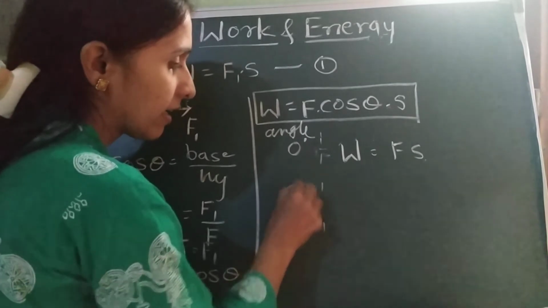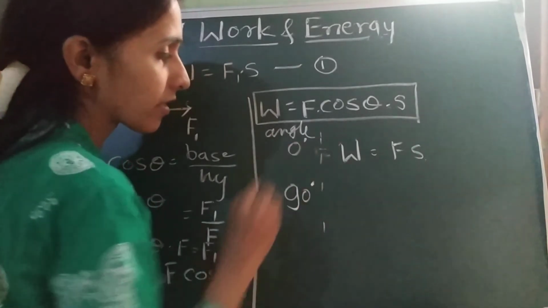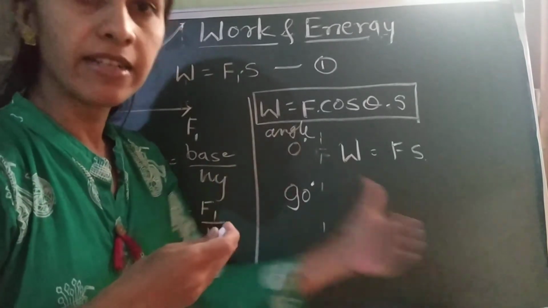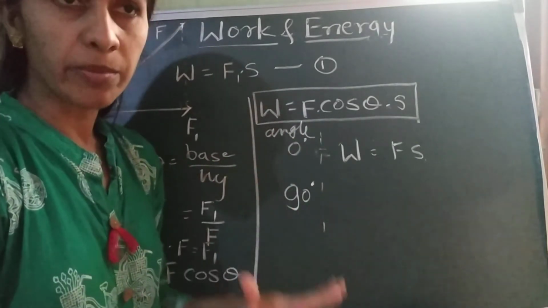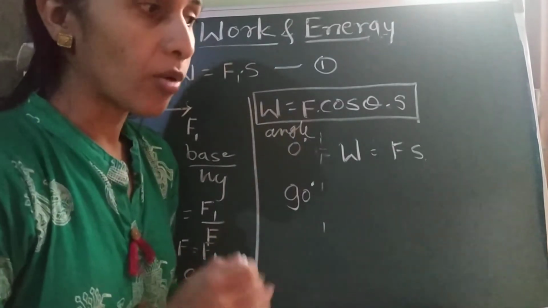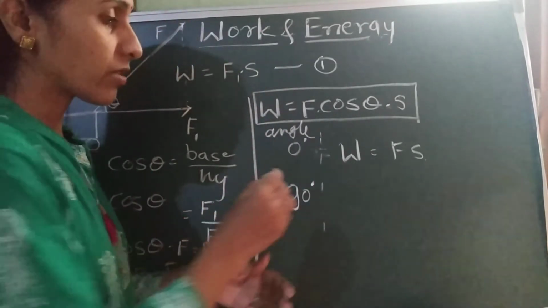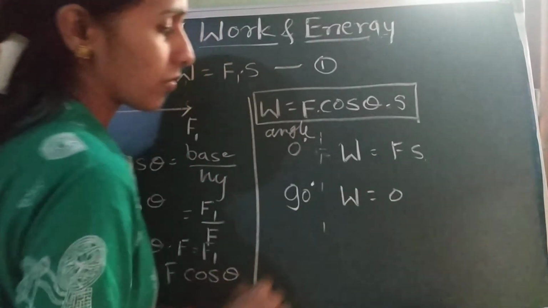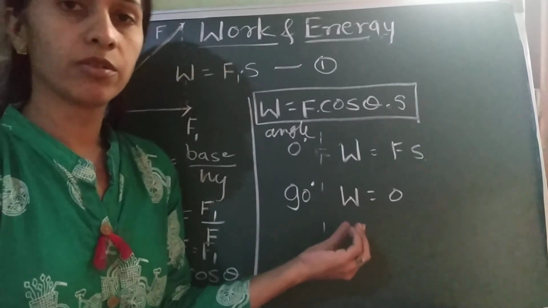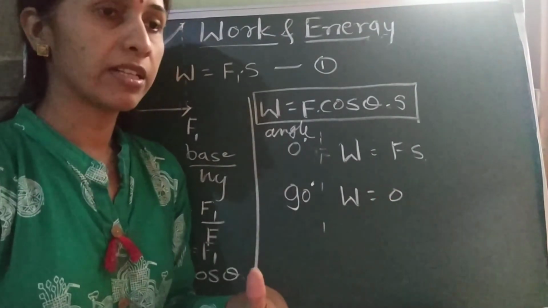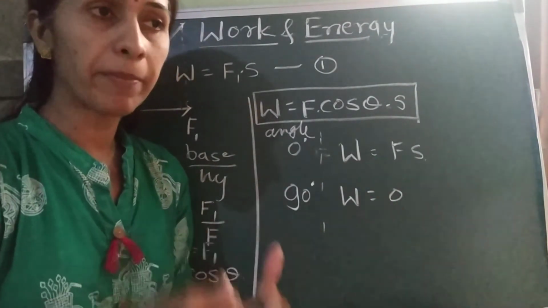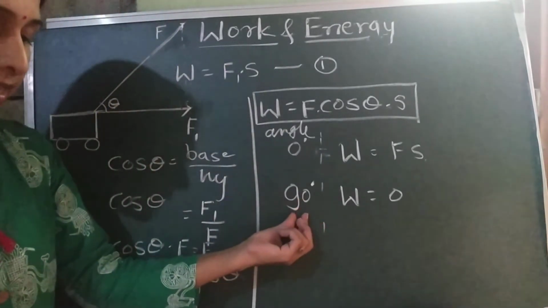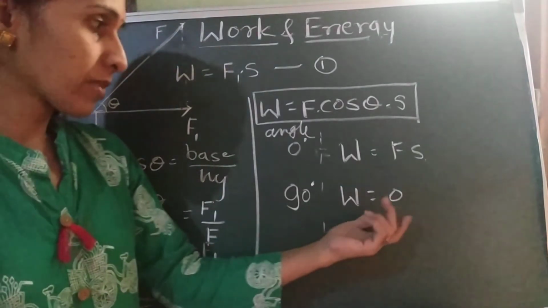When the angle is 90 degrees, there is no work done, because the object is not displaced. As in the example I told, when you press an object downward, the object is not displaced. So work done is equal to 0 when you apply the force in the perpendicular direction, that is, the 90 degree direction.